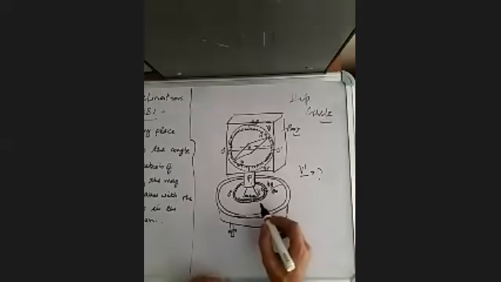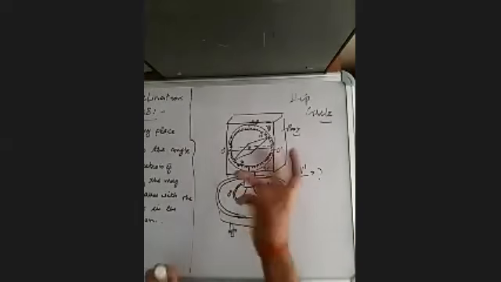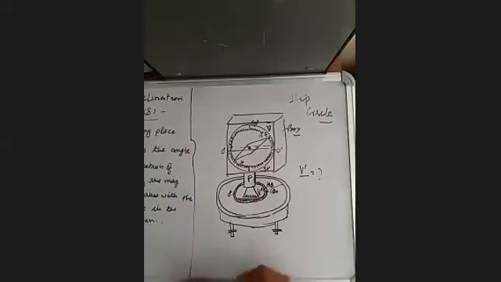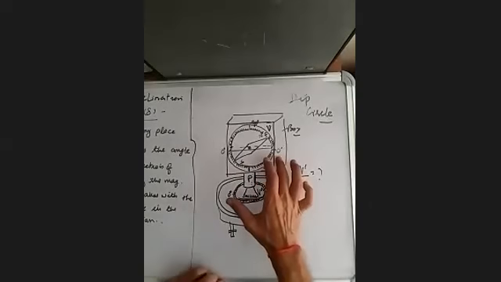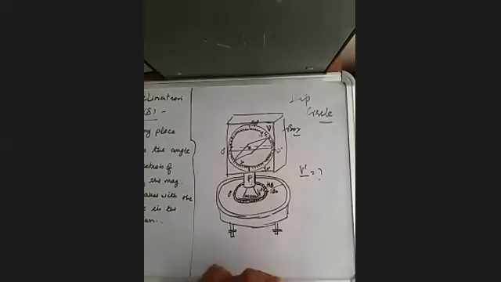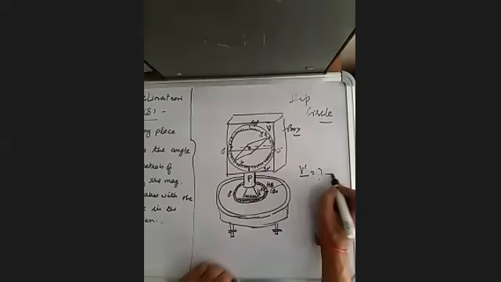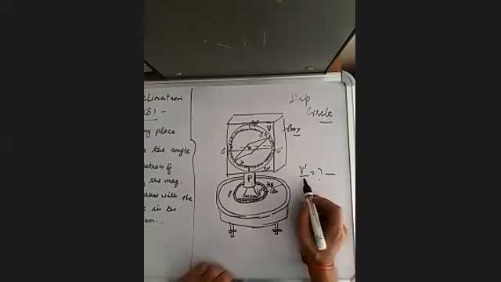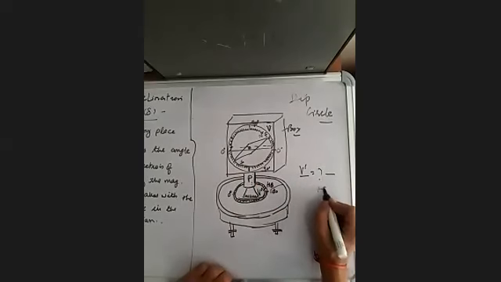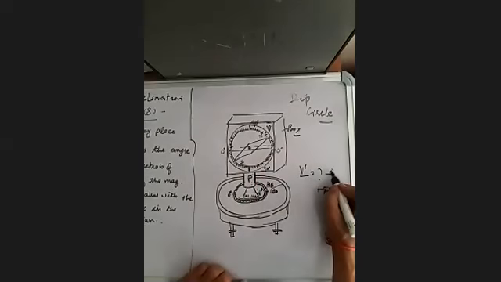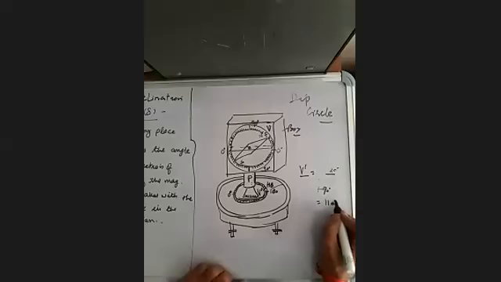What is the reading of the vernier scale, कितने एंगल से वो टर्न हुआ है. Now we shall turn this box from that position, and whatever the value on the vertical scale, we'll add to it 90 degrees. So if the vertical scale is showing 20 degrees, then 20 plus 90 is 110 degrees.